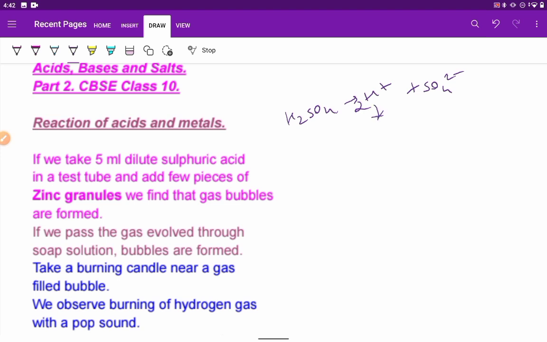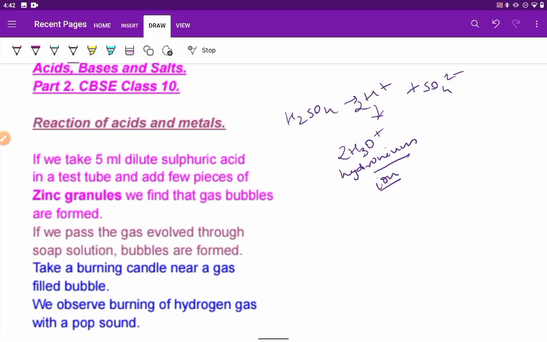So with water molecule, it will form 2H3O plus. This is hydronium ion. So in the presence of water, it will form H3O plus.